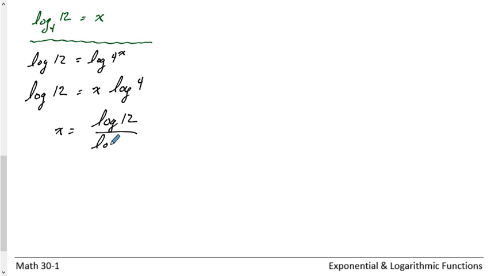And if your calculator doesn't work in bases other than base 10 or base e, you would have wanted to calculate this to get that answer of 1.79 earlier, because we know that this is the same as the log base 4 of 12. So there we have 3 different ways we could have solved this exponential equation.